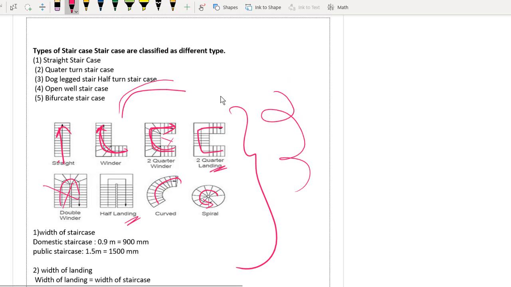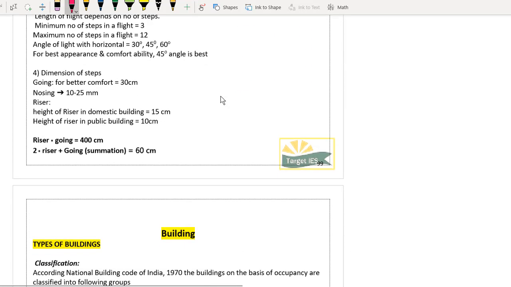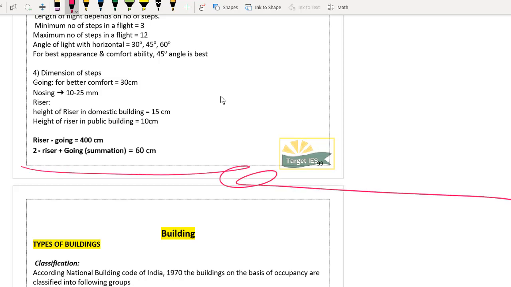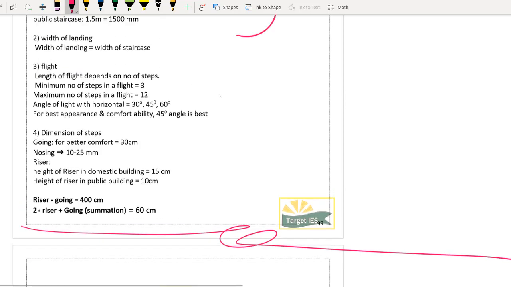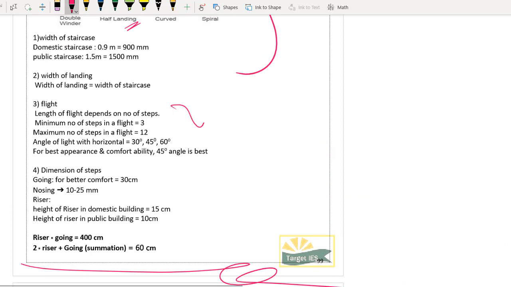So this is everything which you have to understand, and once you are done, no one can stop you from scoring 100 out of 100 in your building materials or even building construction when it comes to ISRO type examination. Okay, so there are some important things here. The specifications which I have given, minimum number of steps you have, maximum number of steps, what is the angle for your steps and everything.